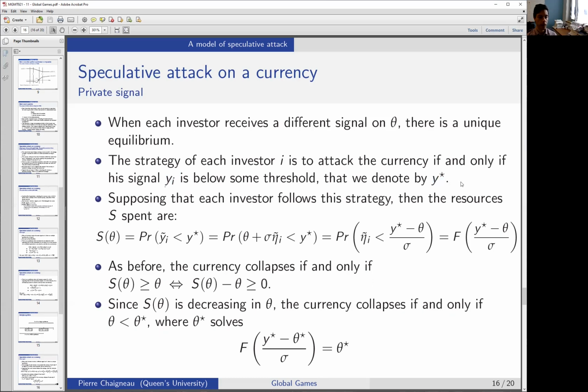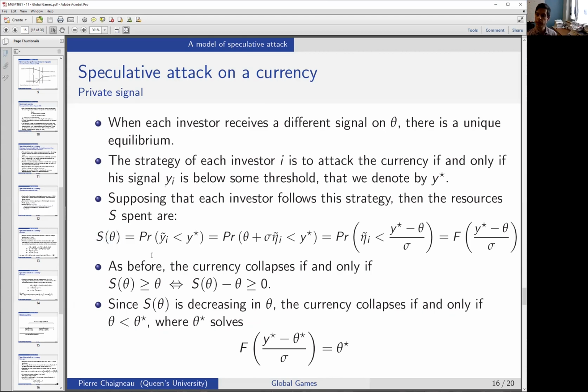Okay. So supposing that everyone else follows this threshold strategy, what are the resources spent? And here we're going to write the resources spent on attacking the currency, S, as a function of theta. We want to relate the outcome, so all the actions taken by economic agents, to the economic fundamentals.